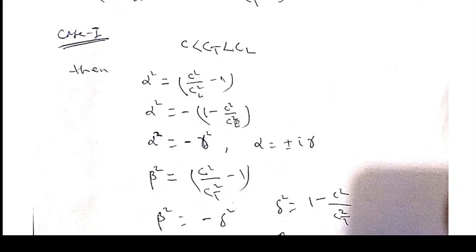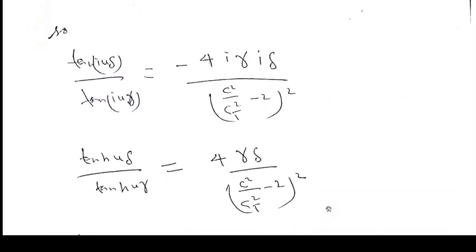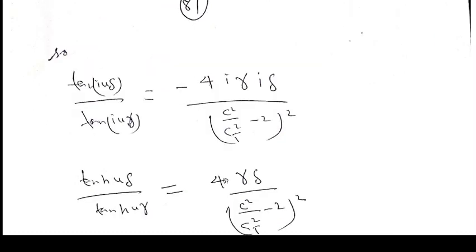We have written this as gamma squared. So alpha squared is equal to minus gamma squared, and alpha is equal to plus minus iota gamma. And beta squared is this, which can be written as minus delta squared, where delta squared is this. So beta is plus minus iota delta. Use this in equation number 2. We have this and this and this.